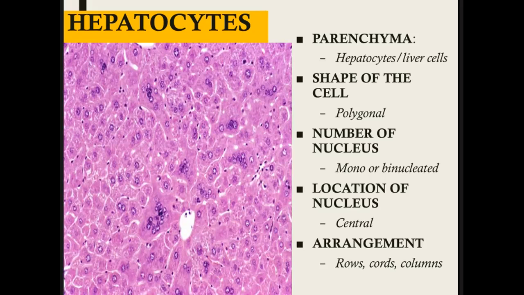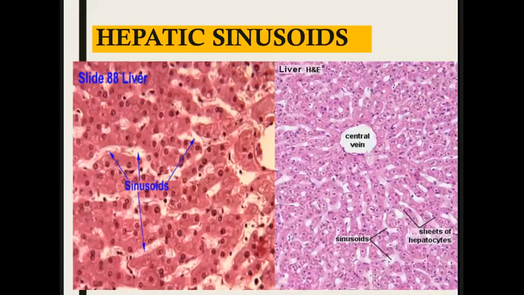Now, next slide would be hepatic sinusoids. Hepatic sinusoids are found in between the hepatocytes. They have a unique microvasculature that serves as the principal site of exchange between blood and the perisinusoidal space, which is specifically found in the liver.